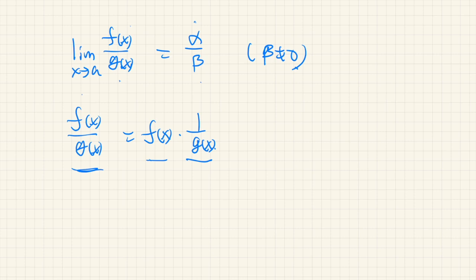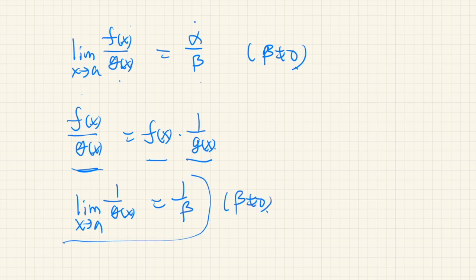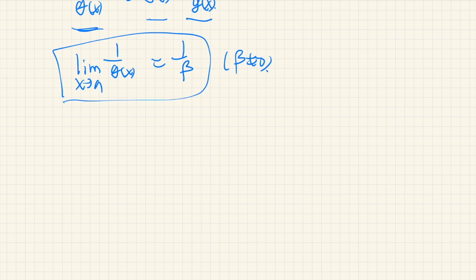So what we need to prove is that 1 over g of x converges to 1 over beta, given beta is non-zero. If we can prove this, then we are done. So this all reduces to showing that 1 over g of x minus 1 over beta is less than some arbitrary positive constant.